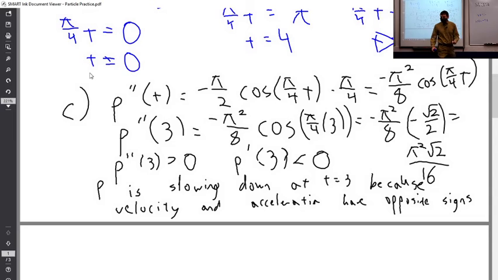You need to talk about both velocity and acceleration. The particle is, at that point, moving to the left, but it is being pushed by acceleration towards the right. So it will be slowing down. Any questions on that idea?